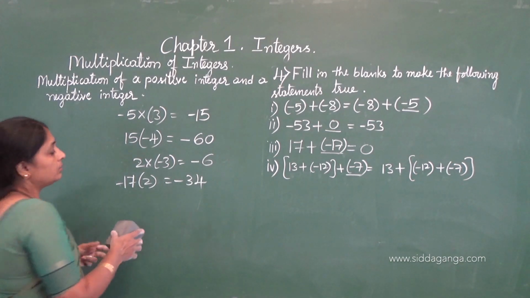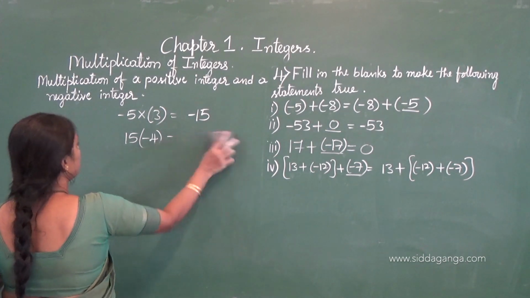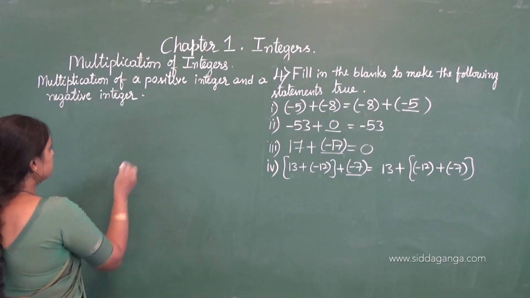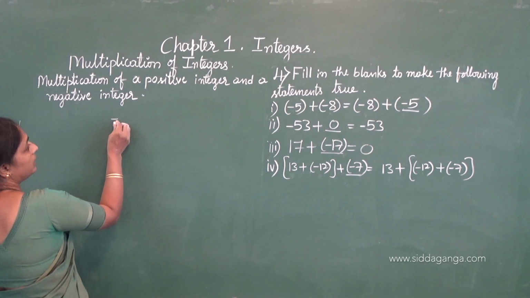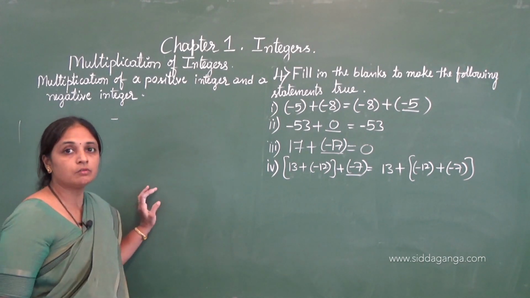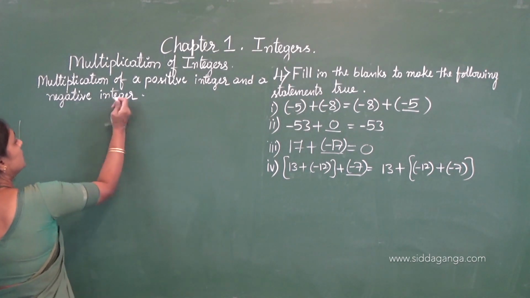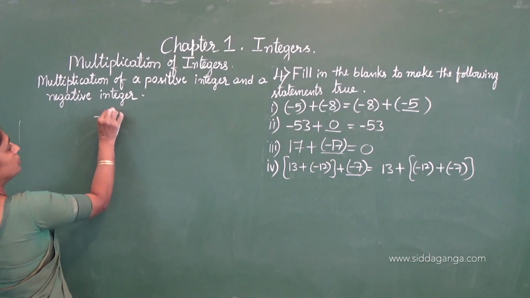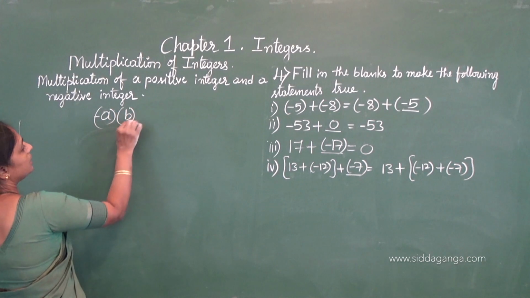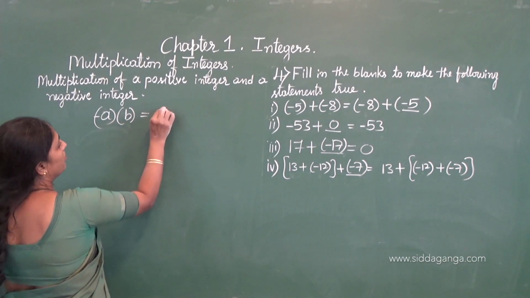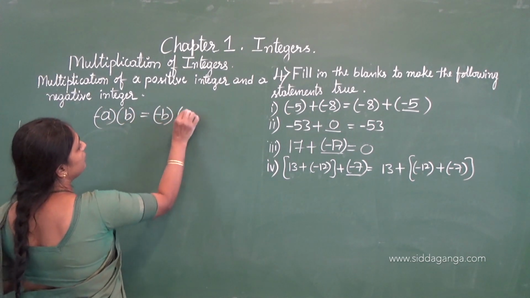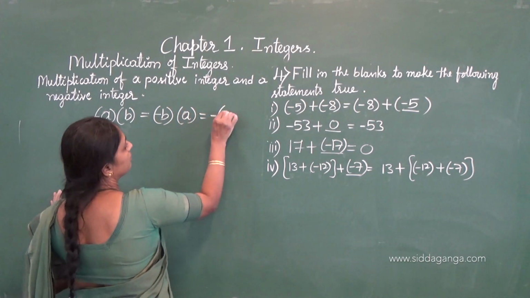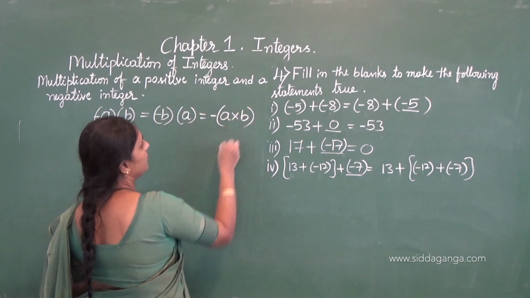So when we take a positive and a negative integer, we can write like this. For any two integers, one positive and one negative, we can write: a into minus b is equal to minus b into a, that is equal to minus of a into b.